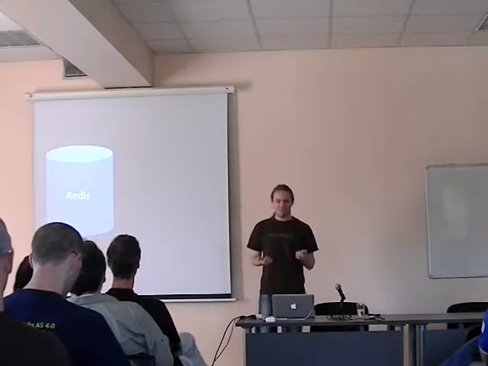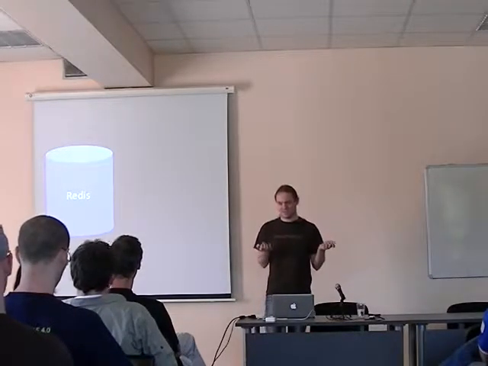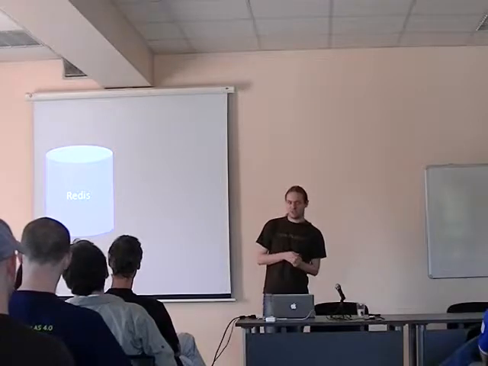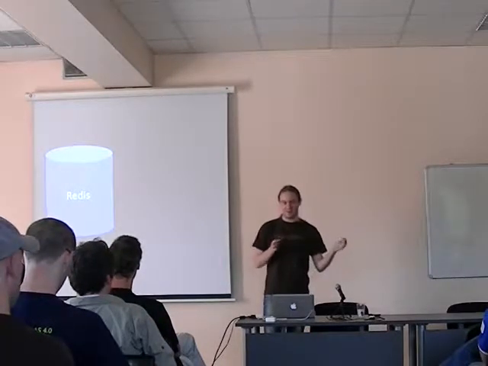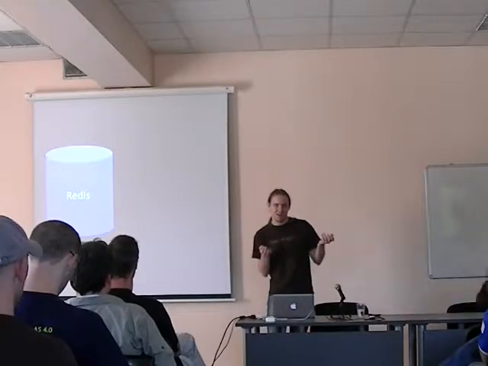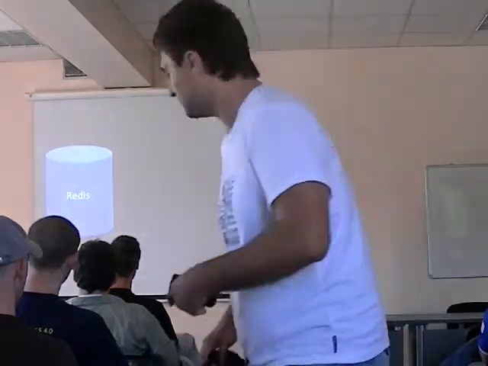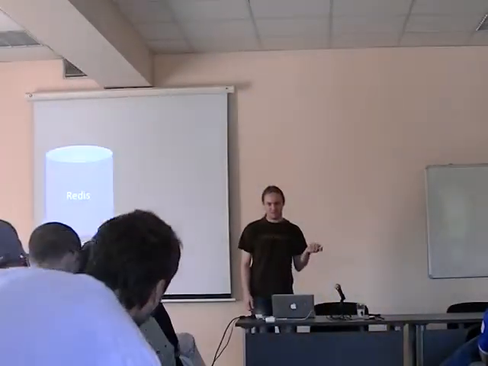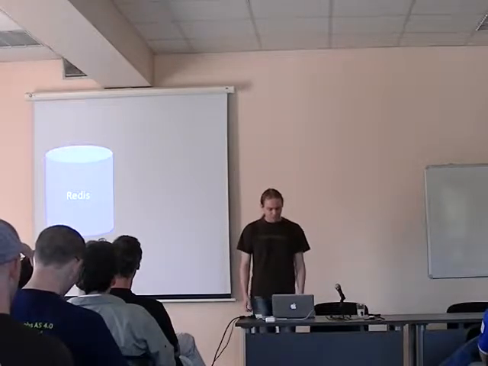So it's a key value store. It's a big store of data in memory, basically. It sounds very simple, and actually it is. You have a key, and it has a global namespace, so you've really got a very large hash table, and it provides various commands for dealing with the data in that hash table.